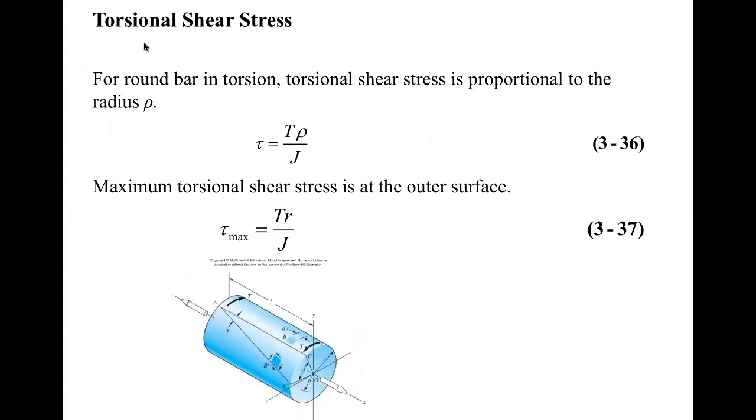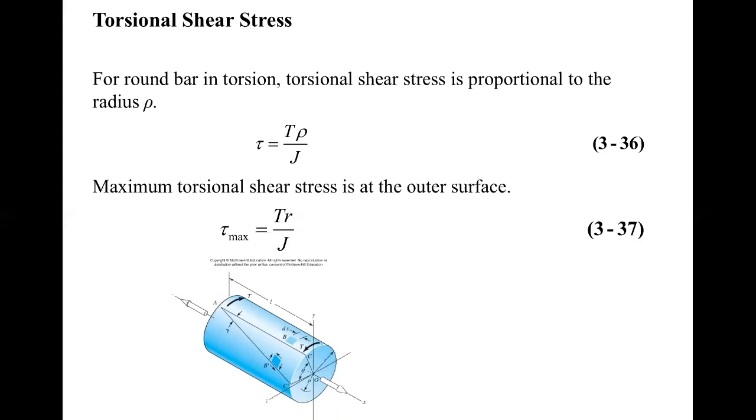And how do you find the torsional shear stress, tau? Torsional shear stress equals T rho over J. T is the torque, and rho is the distance from the point of interest to the center point, or center axis, which is here, and J is the polar moment. So at the center point, rho is 0, therefore shear stress is 0.